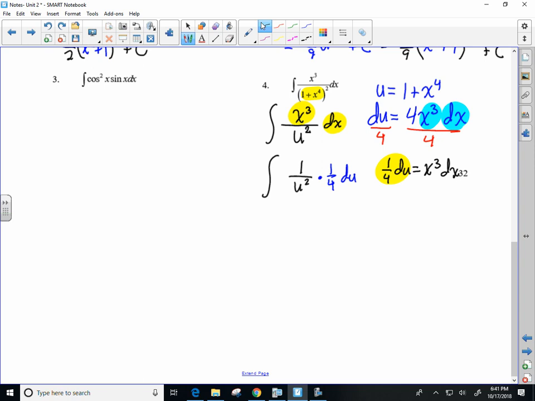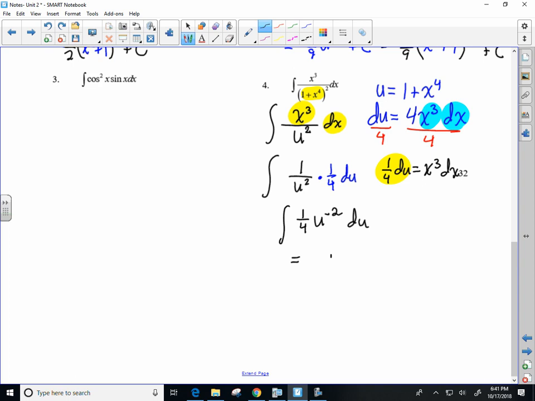I'll clean it up a little bit. 1 over 4. I'm writing u squared on the bottom. I don't like that. I want a power rule. So u to the -2nd du.